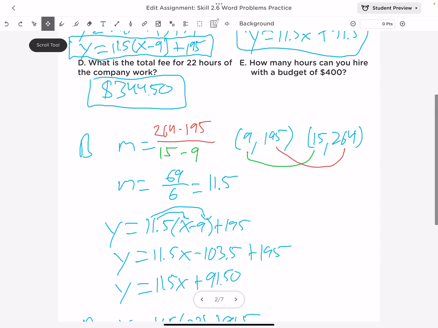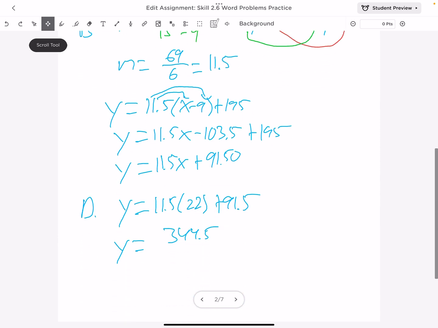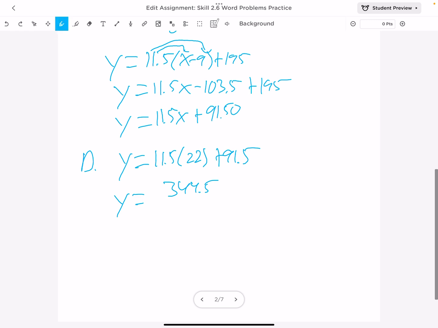Finally, for part E, how many hours can you hire with a budget of $400? So for part E, I take the same equation, but this time I'm plugging 400, my fee, into y, and I'm solving for x. 400 equals 11.5x plus 91.5.